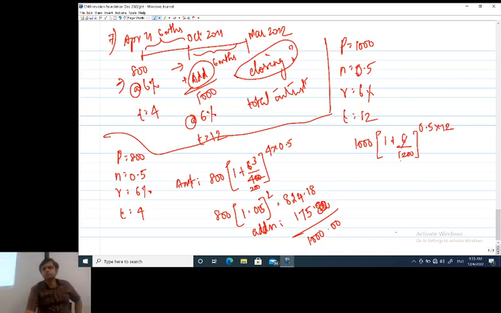Looking at this, so 1000 into 1.005, correct?